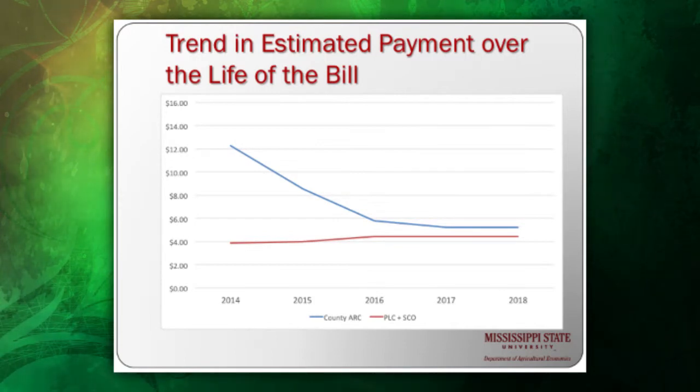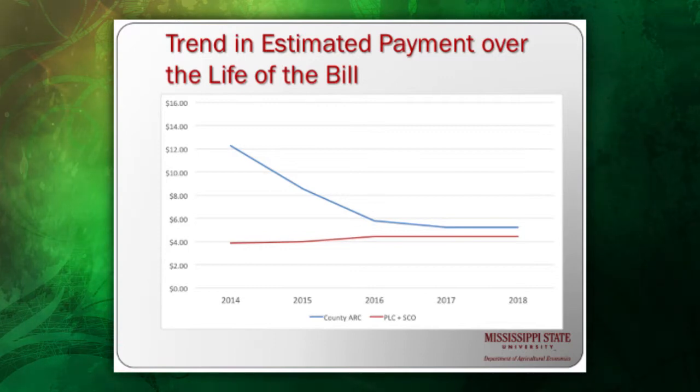The next slide points out something that I think is very important to note as well, and that is that the ARC program has an Olympic average of historical prices and yields that drive it. As many producers will know, corn and soybean prices have been extremely high the last few years and now have declined to lower levels. Because of that, our expectation is that in many cases, the payments for an ARC program will be much higher in 2014 and 2015 than they will be in the later years.